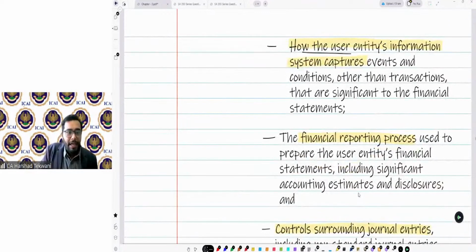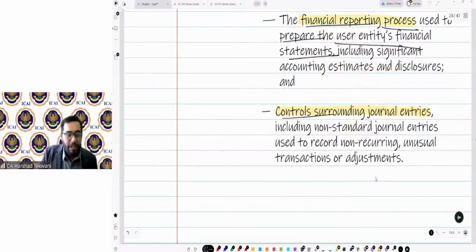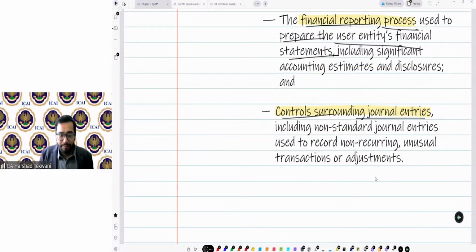How the user entity's information system captures the events. If the services are impacting this, yes. If it is impacting the financial reporting process and how the entity prepares the financial statements, yes. Controls surrounding the journal entries, yes. All these are important ones.